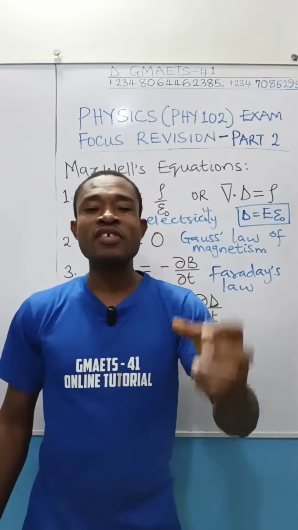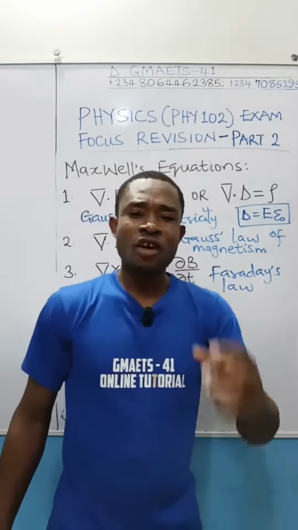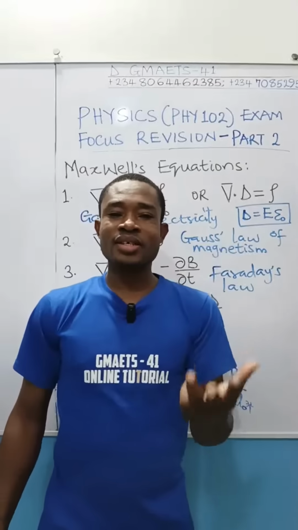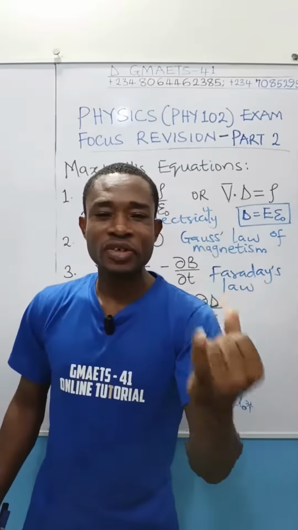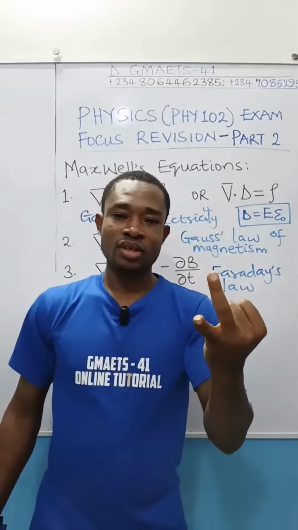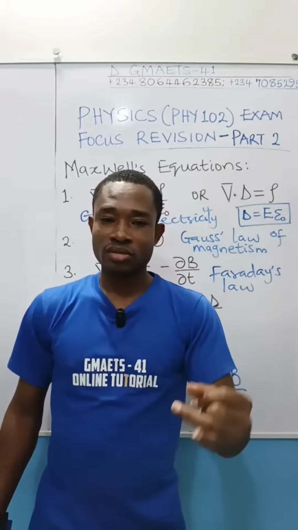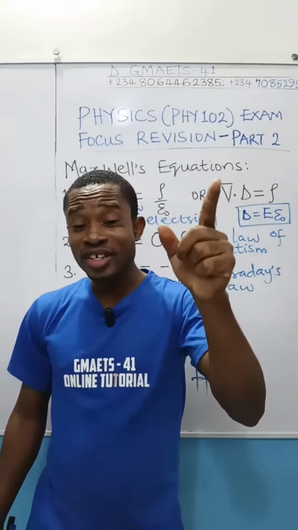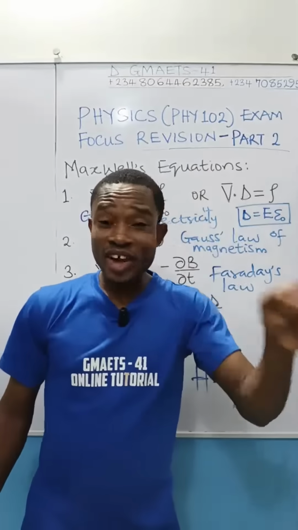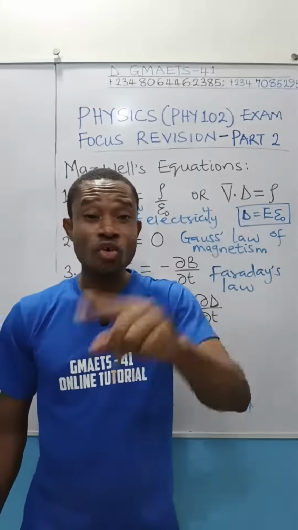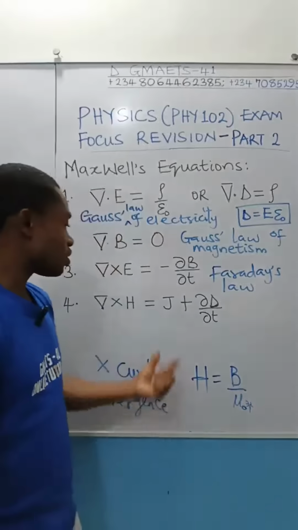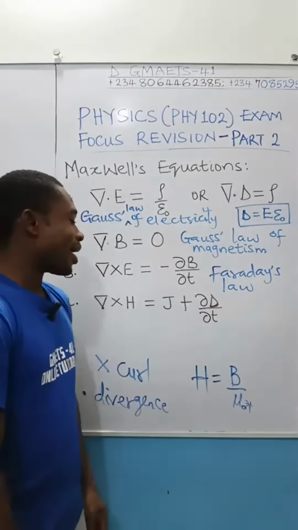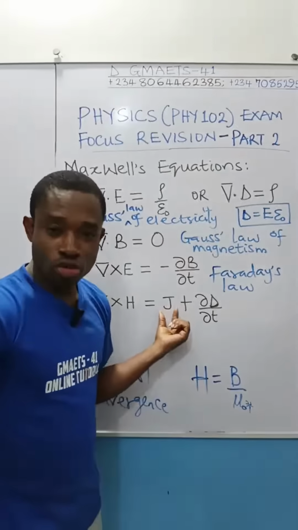As a matter of fact, resistivity was derived from the application of current density and electric field intensity. Current density is J and electric field intensity is E. The ratio of current density divided by electric field intensity, that is J over E, gives us our resistivity. So why am I highlighting this? This quantity, you know it.